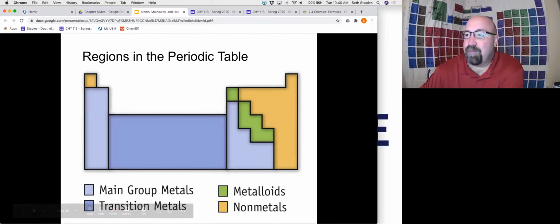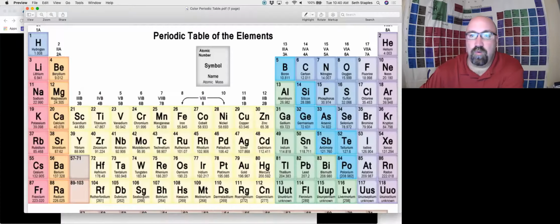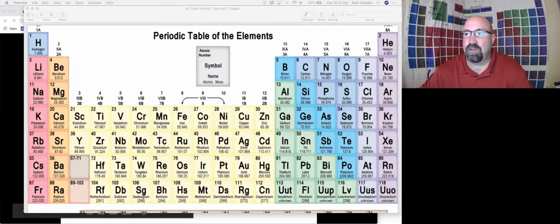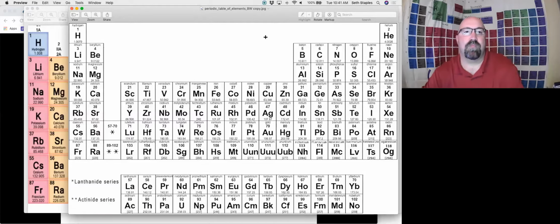In most tables that you see and that you use, you'll see a differentiation there of some sort. In this colored table, we can see that our metalloids here are in light blue, and then we've got our separation. In other tables, such as this one, you might not see that differentiation.